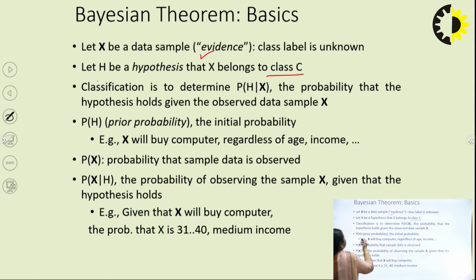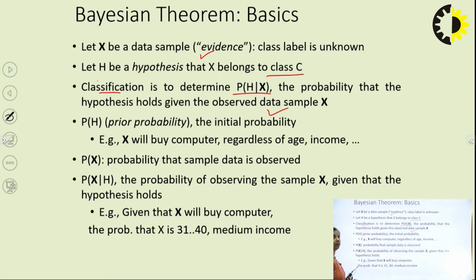So now, what is Bayesian classification? Bayesian classification is to determine the probability of this hypothesis H when the observation is X. When I have evidence X, what is the probability of this hypothesis? That is the probability that the hypothesis holds given the observed data sample X.